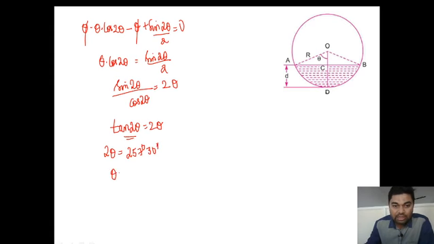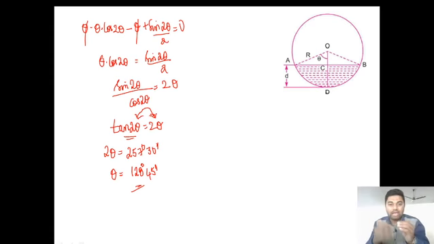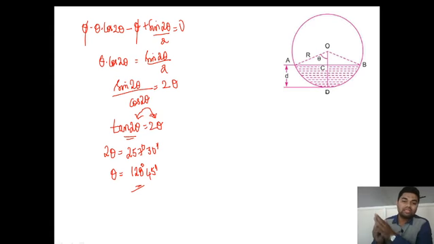So from here θ will be 128 degrees 45 minutes. The same value of tan, whatever the angle is, should be equal to its numerical value, so we get 2θ equal to 257 degrees 30 minutes by trial and error method.